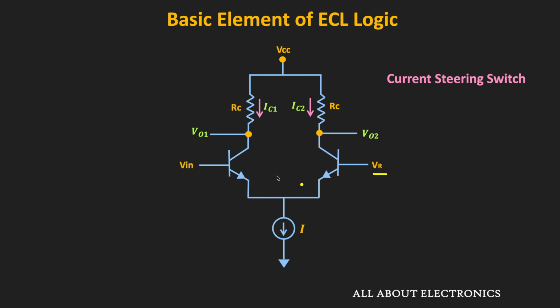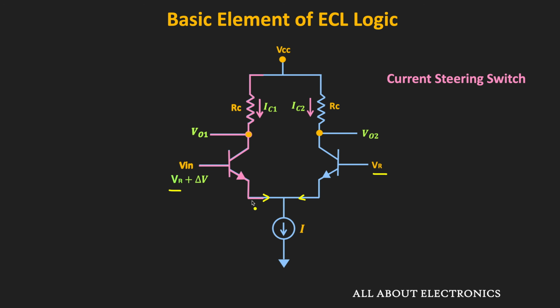Now whenever this Vin is equal to VR, then the current through both arms will be equal. As you can see, at the emitter of this differential amplifier, the current source is connected. So if Vin is equal to VR, then the current through both arms will be equal to I by 2. But if this Vin is slightly more than VR, let's say VR plus delta V, then the entire current I will flow through this transistor.